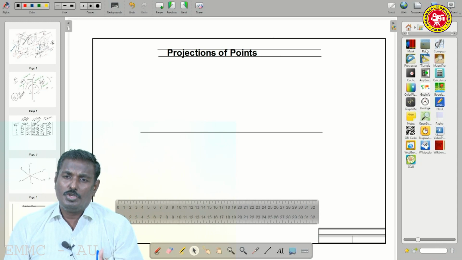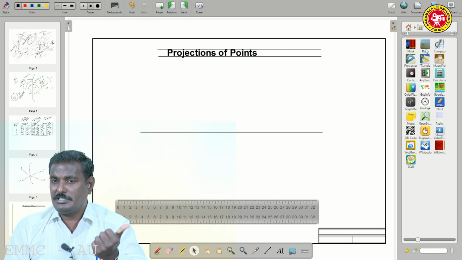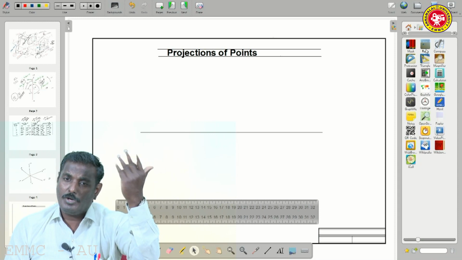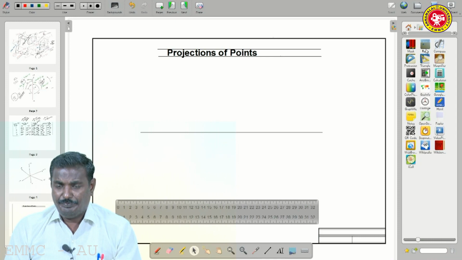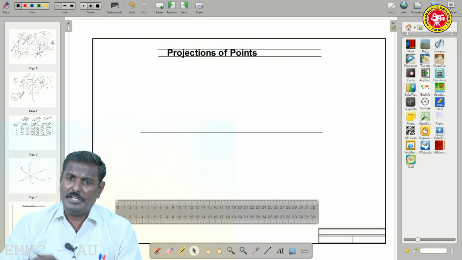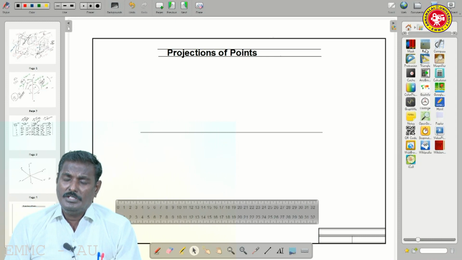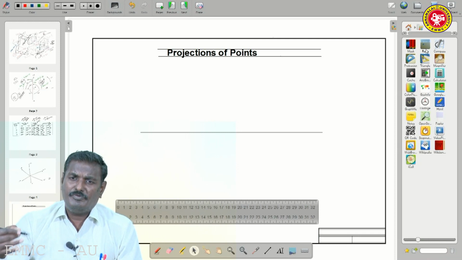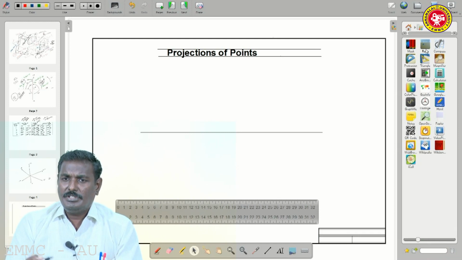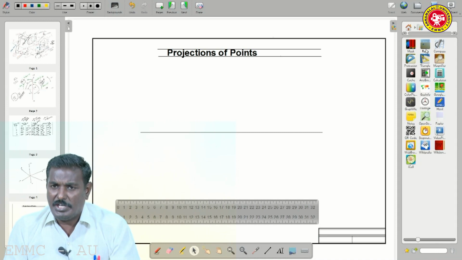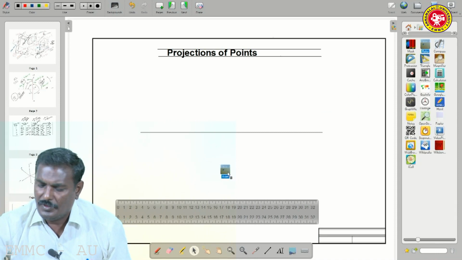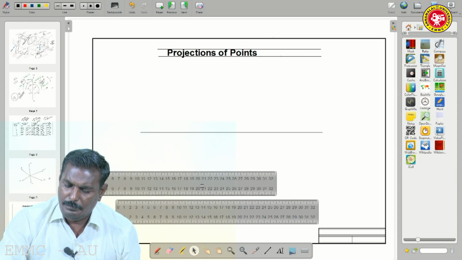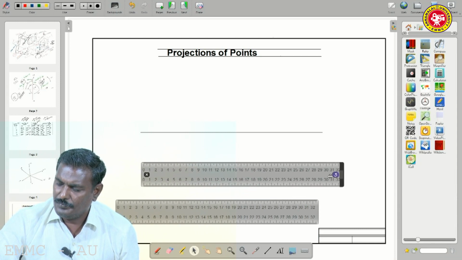Those who are right-hand practitioners fix the mini drafter in the left top corner. Those who are left-handed fix their mini drafter in the right upper corner. So that is the practice. Here I can't take a mini drafter, so I take one more scale and put it at 90 degrees.